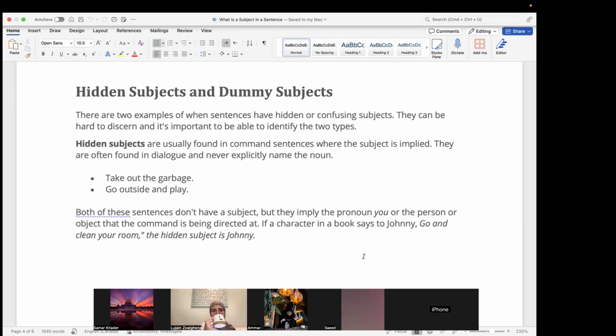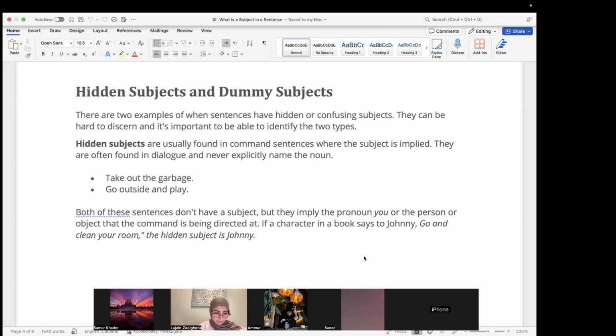There are two examples of when sentences have a hidden or confusing subject. They can be hard to discern, and it is important to be able to identify the two types. Hidden subjects are usually found in a command sentence where the subject is implied.